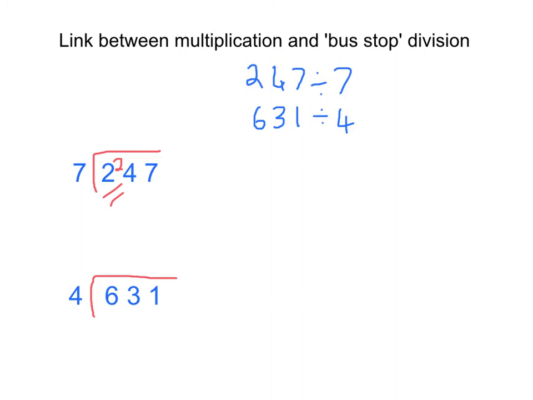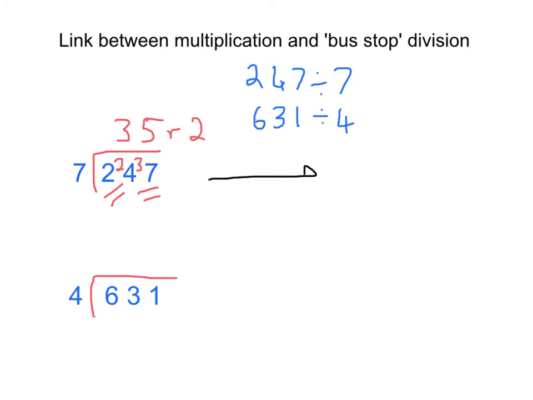Of course 7 3s are 21, and the difference between 21 and 24 is 3, and that carries over. And then finally I'd say, well, how many 7s are in 37? The answer to that is 5. 7 5s are 35. And the difference between 35 and 37, the remainder, is 2.